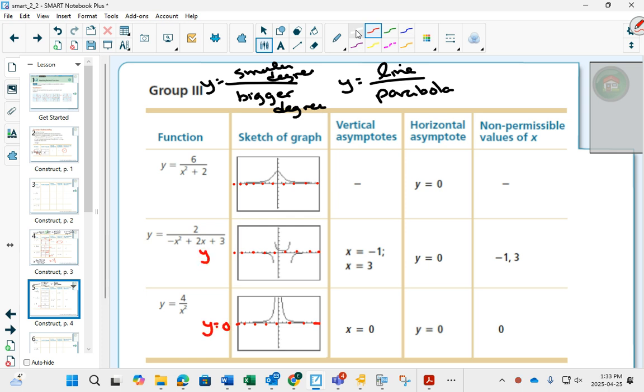y equals 0. So take out your red pen and draw the asymptotes in.